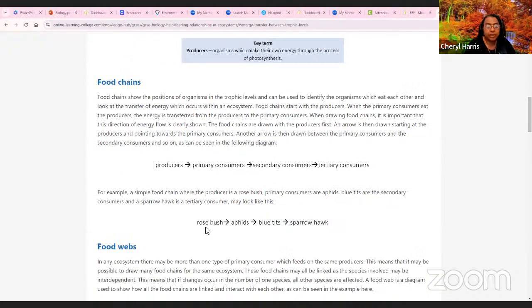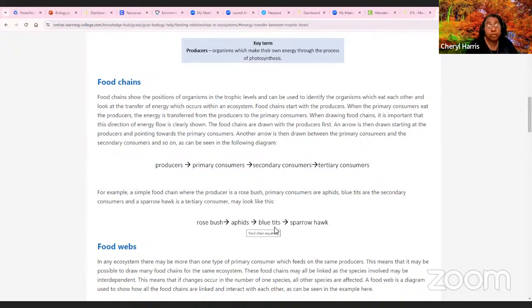And they give you an example, but the important thing about any example, and next time I see you, you'll have pictures and you'll have to identify the organisms in the picture as to what their role is. So an example could be a rose bush. And then the aphids are little bugs that are sitting on the rose bush eating up all the leaves. So they are your primary consumers.